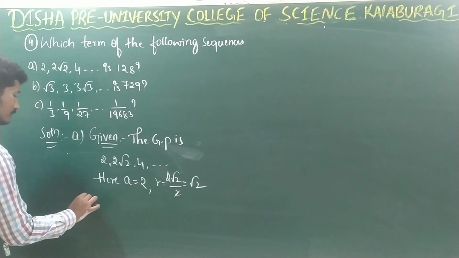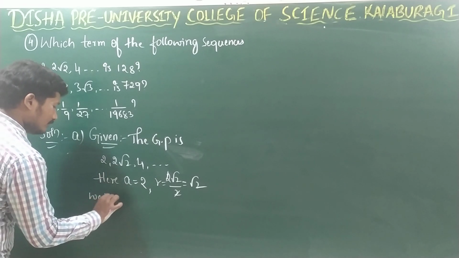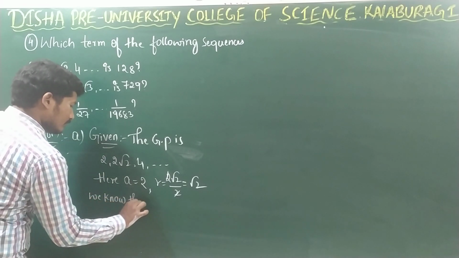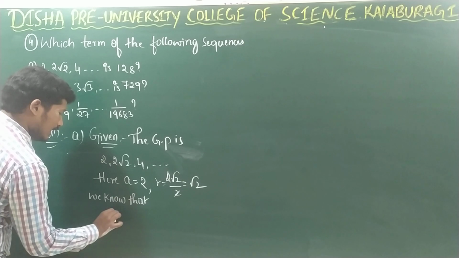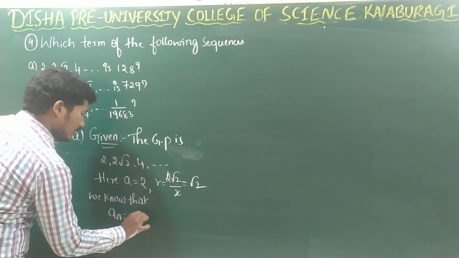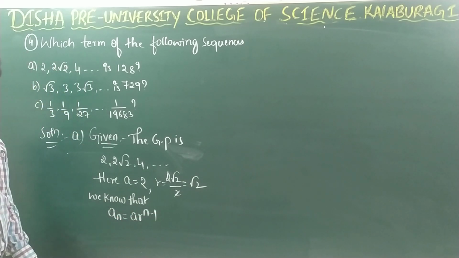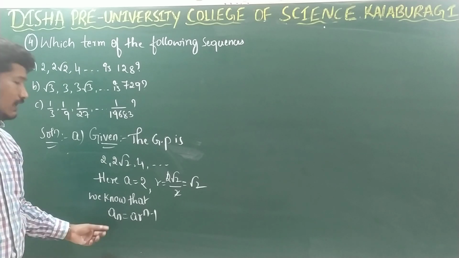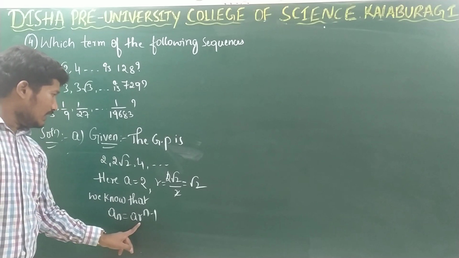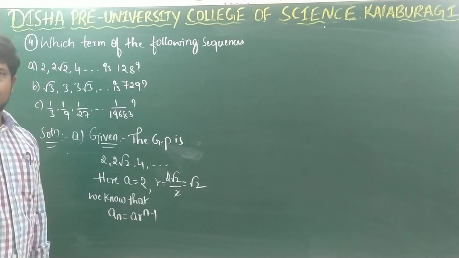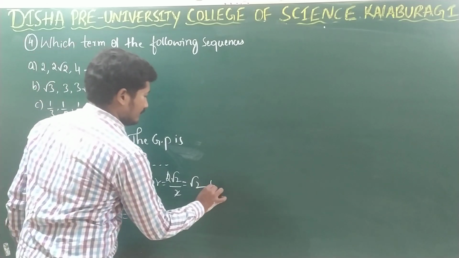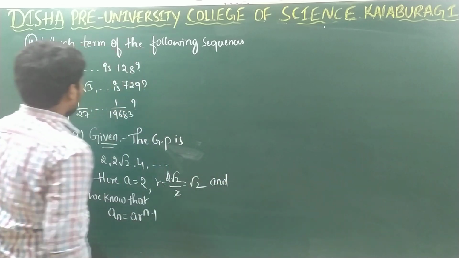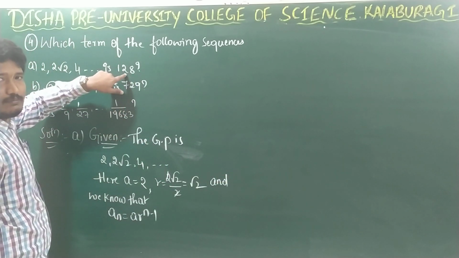Right? Now, we know that an is equal to a into r power n minus 1. Am I right? We know that the nth term of the GP is given by an is equal to a into r power n minus 1. Right? And see, we are also given the nth term.